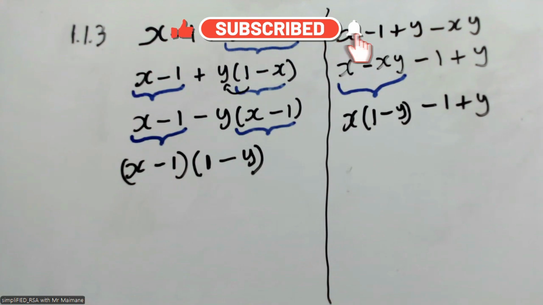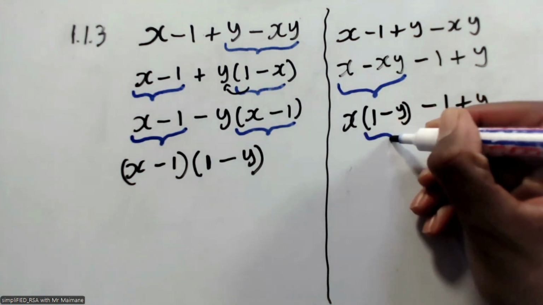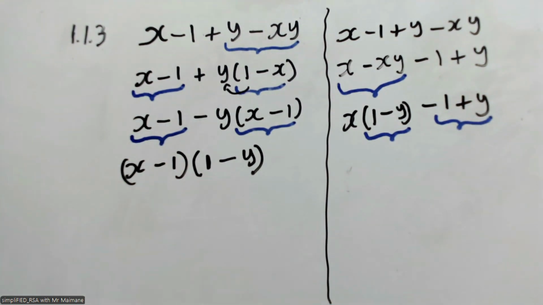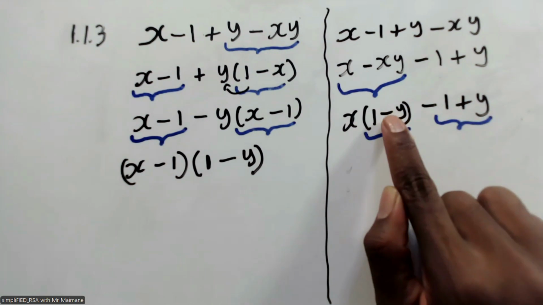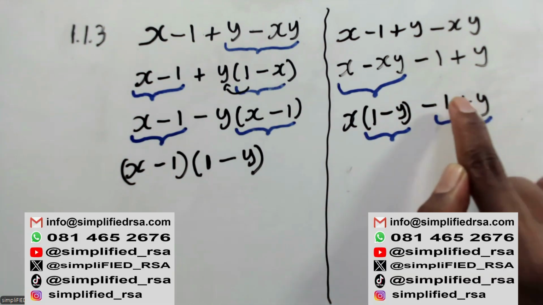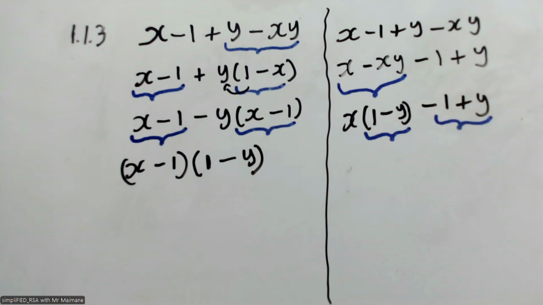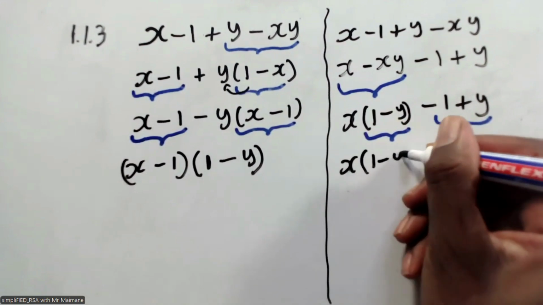And then again, since we are using the grouping method, you can see that there is something similar between this term and this term, such that for me to have this one outside here be the same as this, I take out minus 1 again as a common factor from here. If I take out minus 1 as a common factor, I'm going to write the first one as it is.